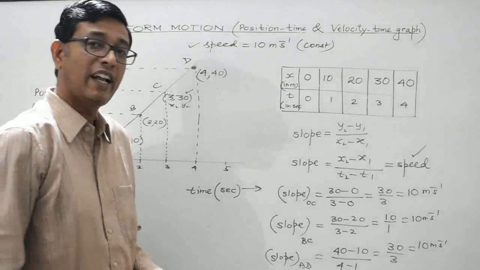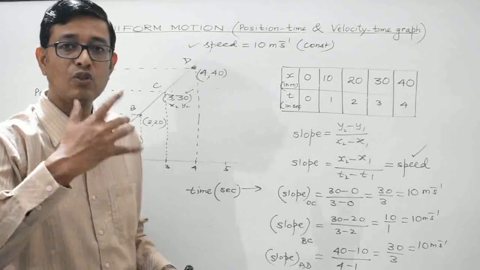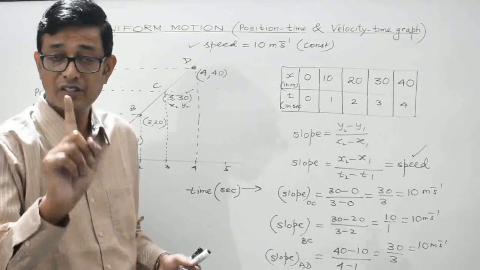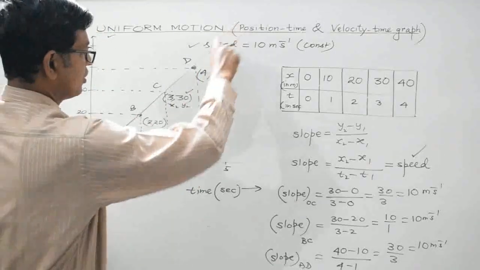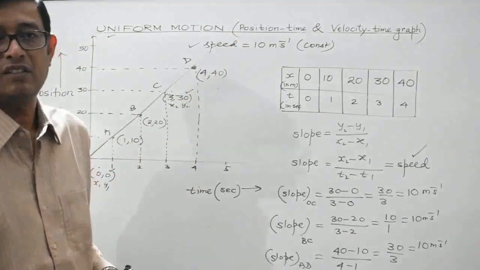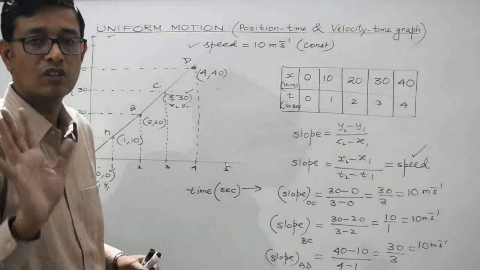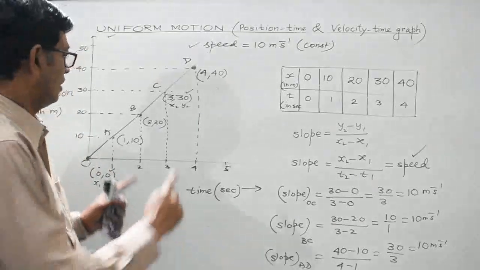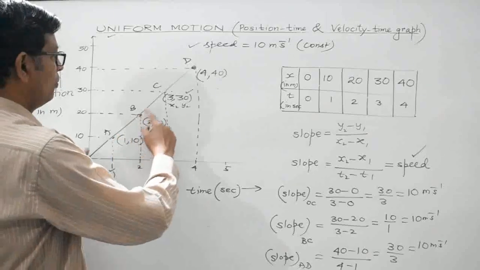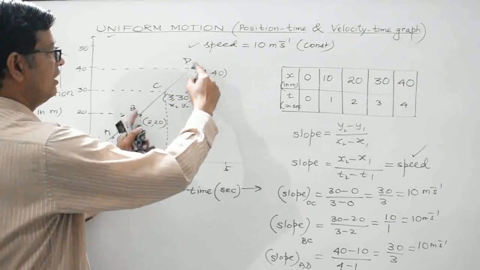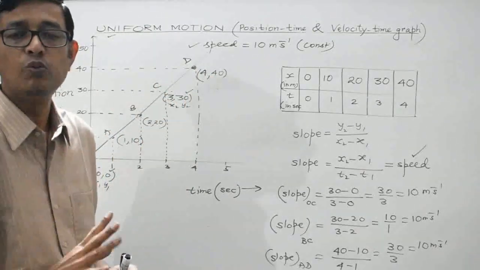So what we have derived mathematically, or what I have tried to convince you, is that first, the slope of a straight line is always constant. It is immaterial whether you consider points OA, OB, AC, BD, CD, whichever 2 points you consider.